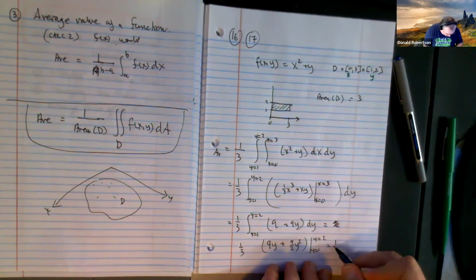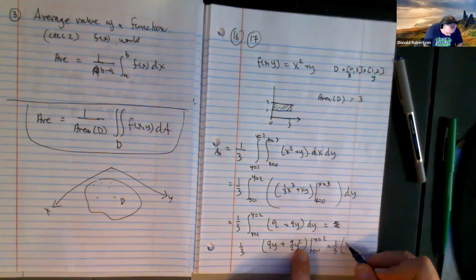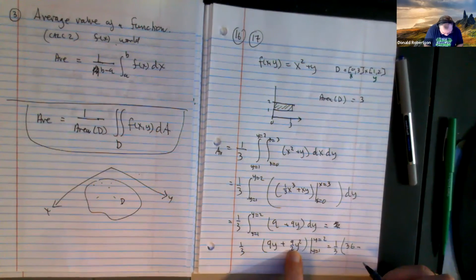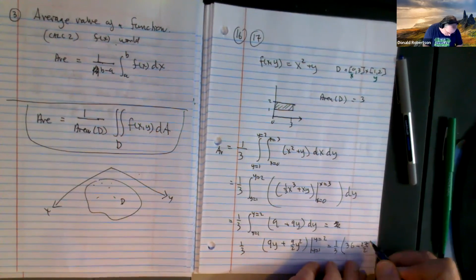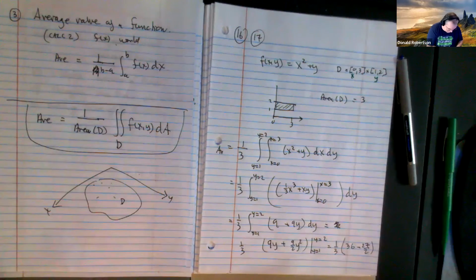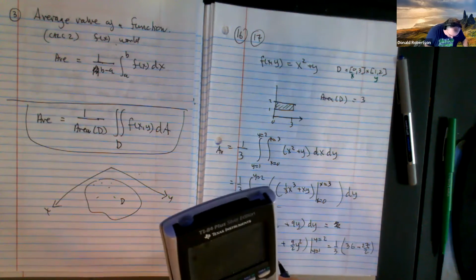You plug in 2, you get 18 plus 18, which is 36. Take away 9 and 4.5, that's 9, 18, 27 halves. And that's 72, hopefully. 72, take away 27. I make it 45 halves.